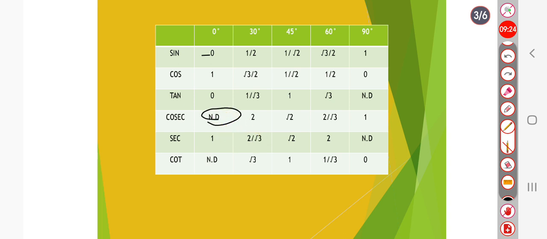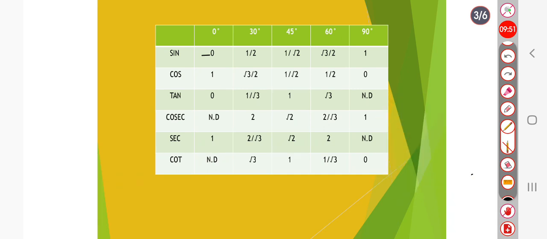Similarly, sine 30 is nothing but 1 by 2. So cosecant 30 is the inverse, 1 by 1 by 2, that is nothing but 2. Then sine 45 is nothing but 1 by root 2. So the inverse is root 2. Then sine 60 is root 3 by 2. Again the inverse is 2 by root 3.